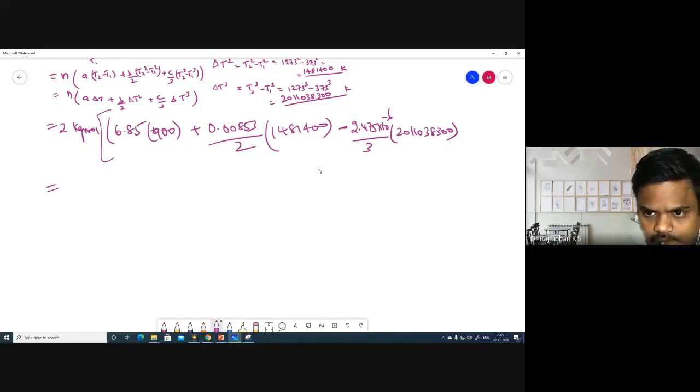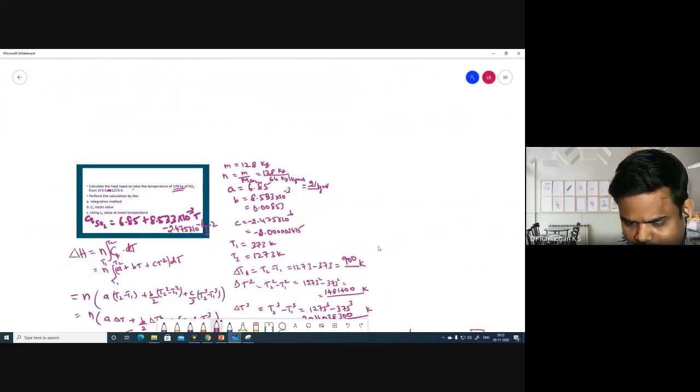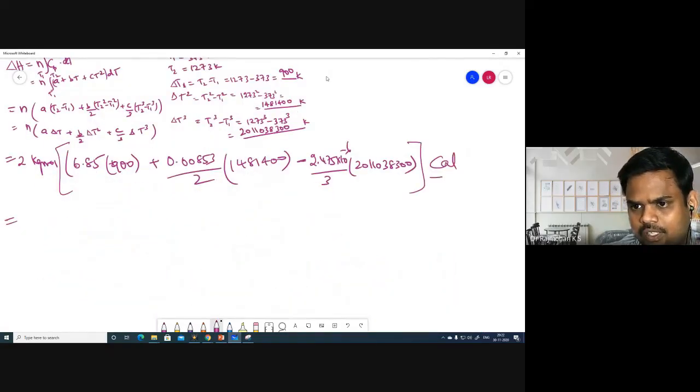So what is the CP value? It is given that CP is in calories per mole Kelvin, that means kilocalorie per kilomole Kelvin.